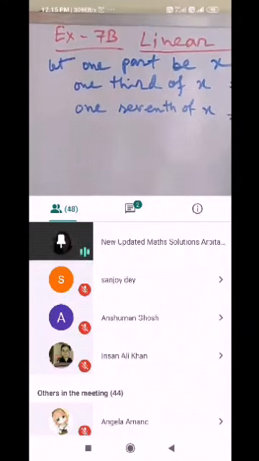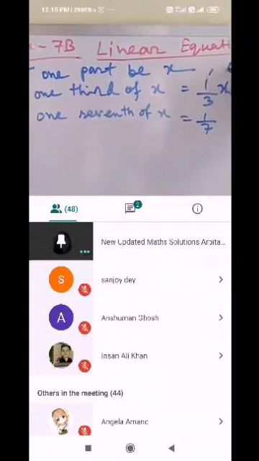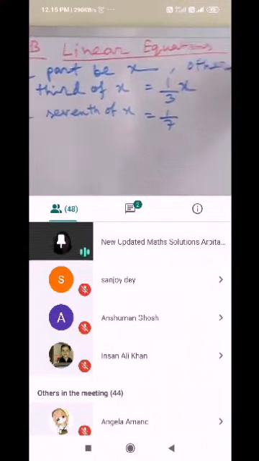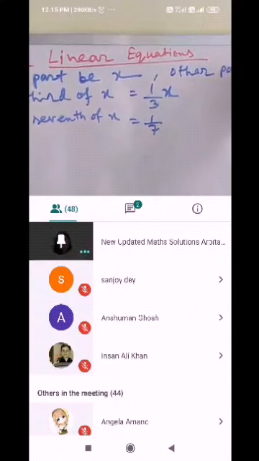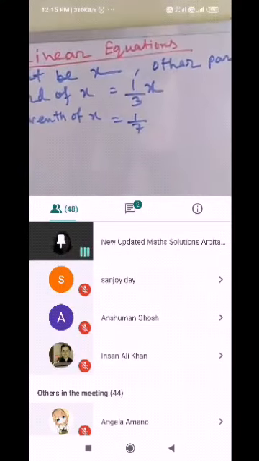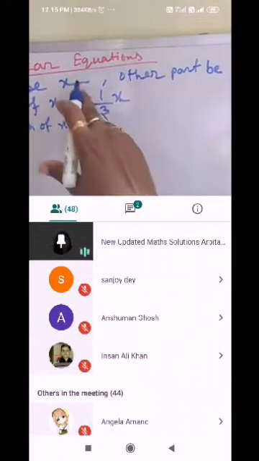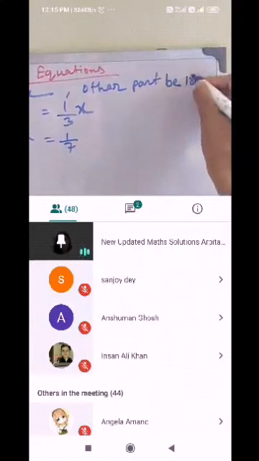No, one thing. One part is X, the other part you also have to take here. It is given, divide 184 into two parts. That means if one part is X, then the other part will be 184 minus X.